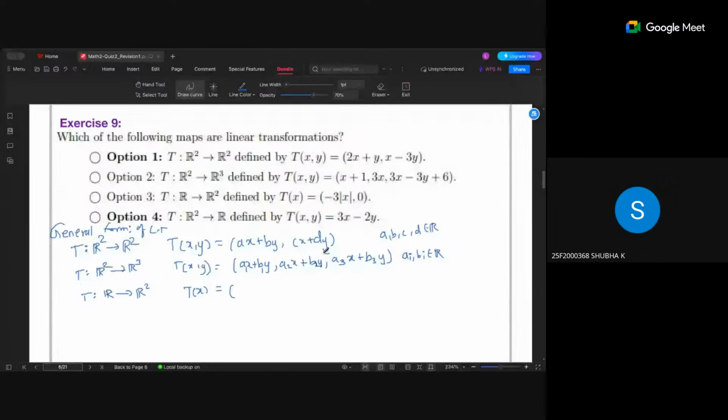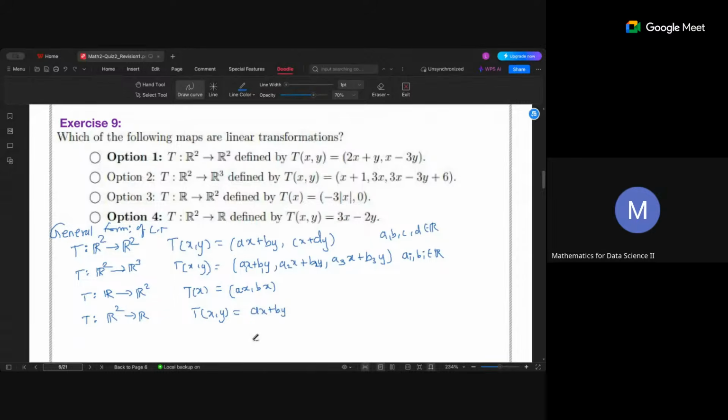You should not compare it with a specific case. We can write ax comma bx, like a new variable. Very good. That's all. What about T from R2 to R? We can write ax plus by. Very good.